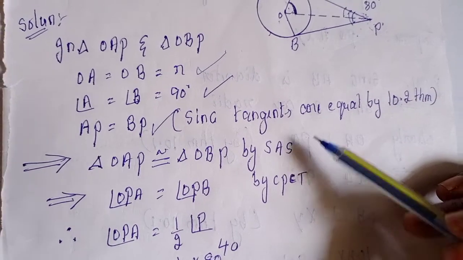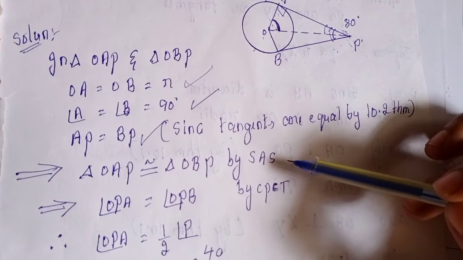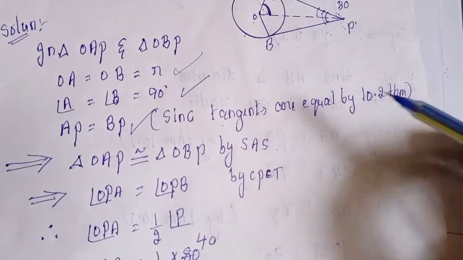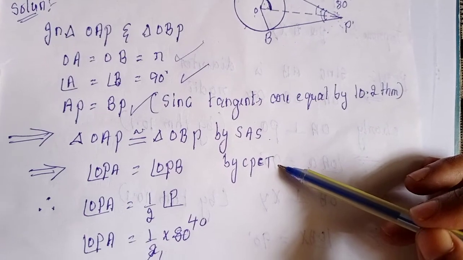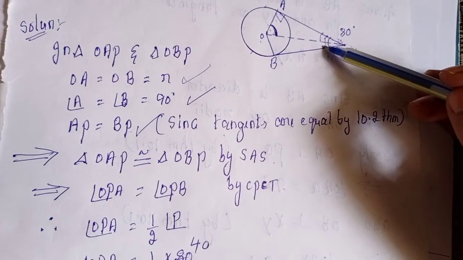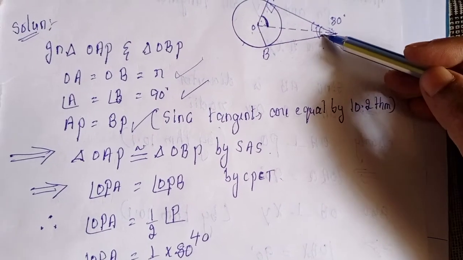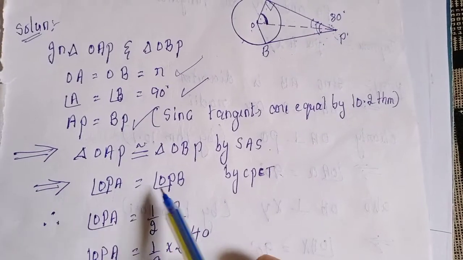As you know, if I prove any two triangles are congruent by any congruence condition, then the remaining matching pairs will be automatically equal. That is, the corresponding parts of congruent triangles will be equal. Then which do I want now? So these two. You can see when you fold these triangles, this angle and this angle will superimpose. So I can tell that these two angles are equal by CPCT.